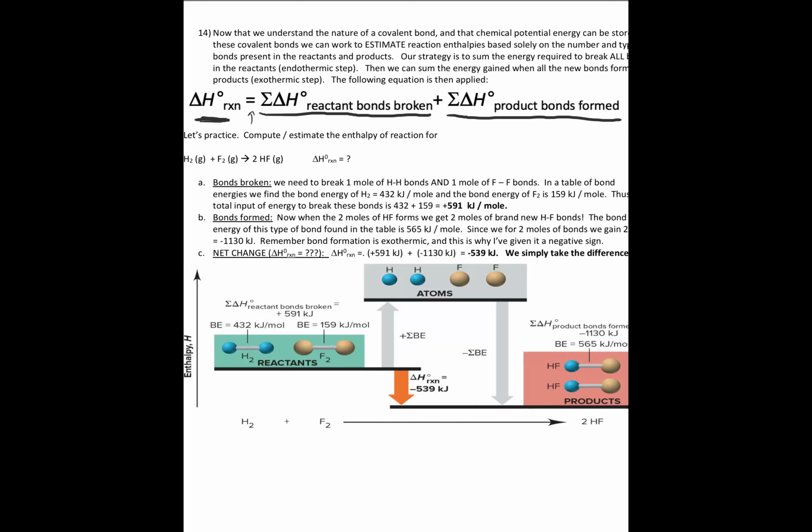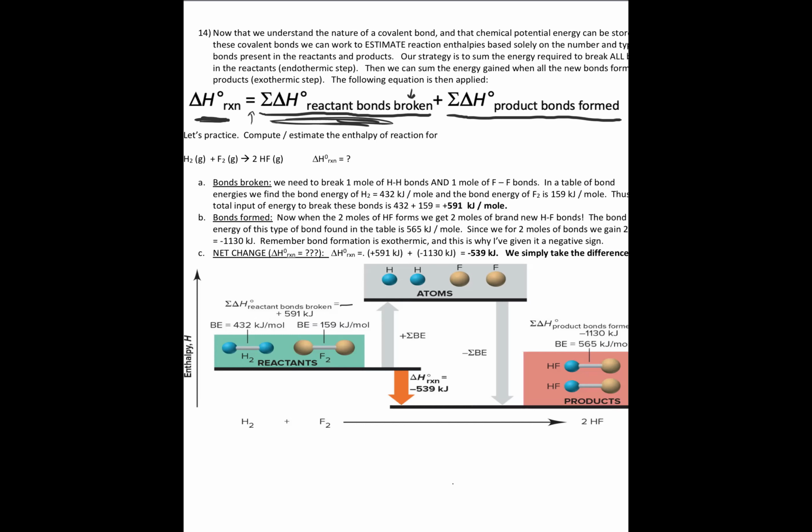All right, now what does this equation say? Obviously, there's mathematical symbols here, but we can define it in words if we want to. This first term right here, we're summing up bond energies for the reactant bonds. And the key word here is broken.